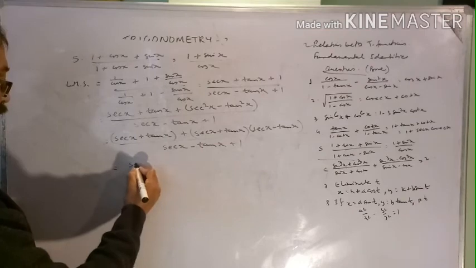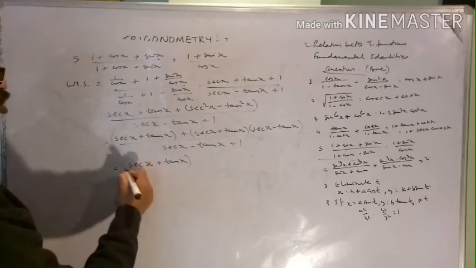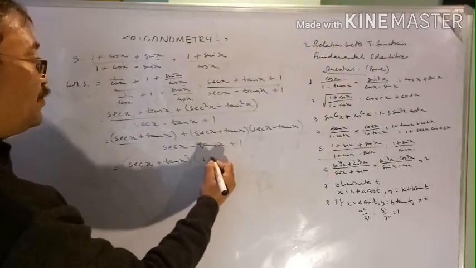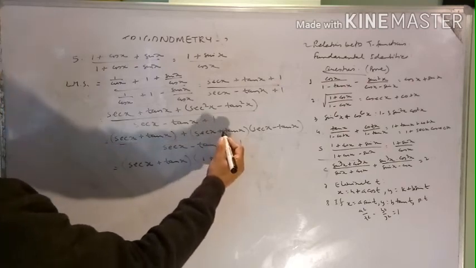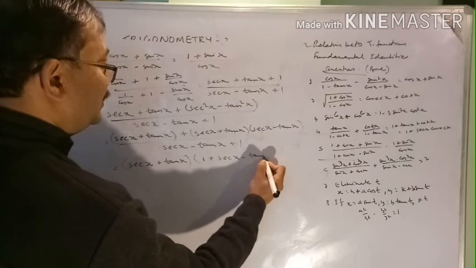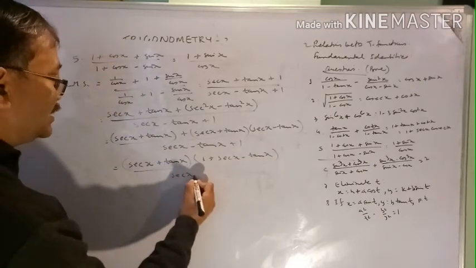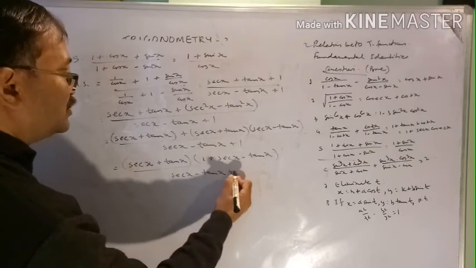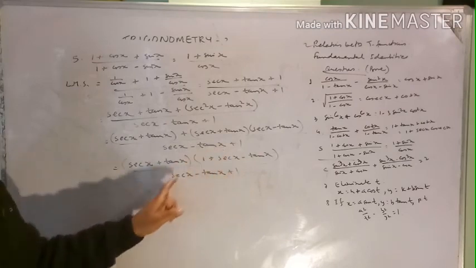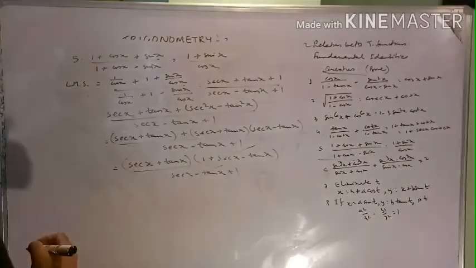What is left here is 1 plus sec x minus tan x, and here also you have sec x minus tan x plus 1. Now if you look at these two expressions, 1 is positive, sec is positive, tan is negative. These two are the same expressions, so we can cancel the whole expression.